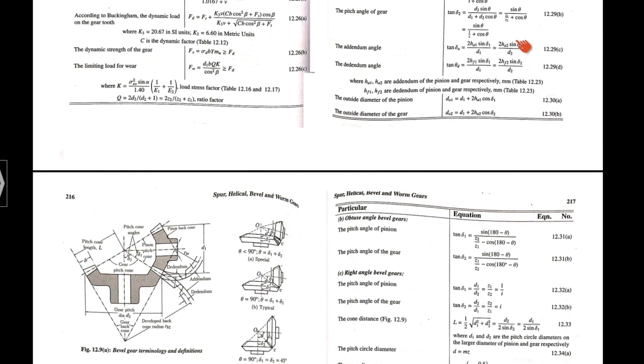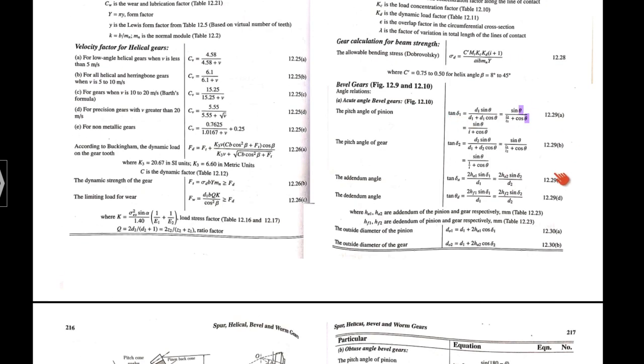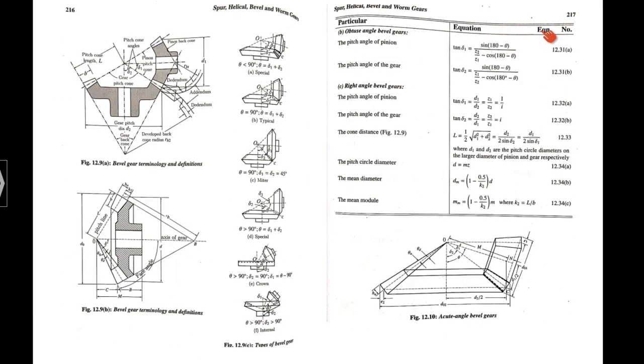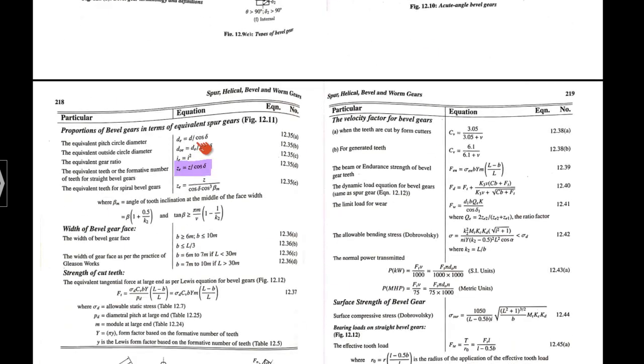And L also can be calculated using this equation, but if the diameters are unknown, you cannot calculate the value of L. Anyway, by using these sets of equations, you have to calculate delta 1 and delta 2, and use them to get the value of the formative number of teeth. This is an additional calculation you have to carry out before you find the number of teeth on the equivalent spur gear.